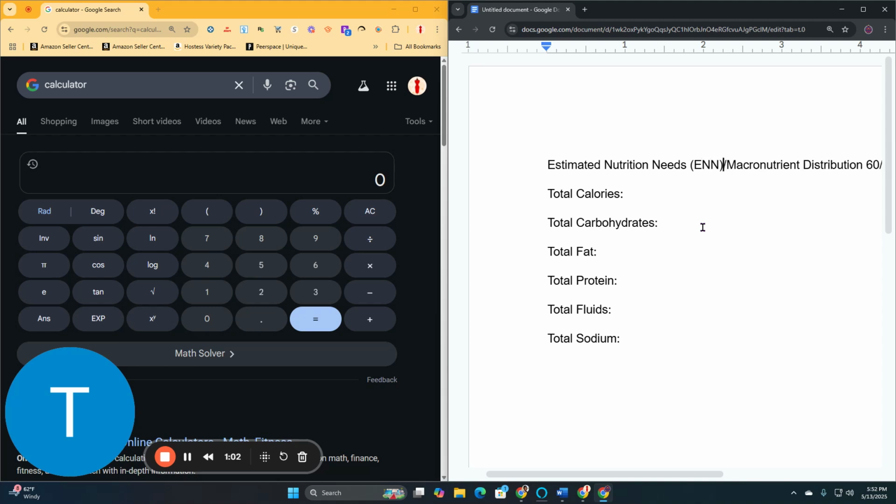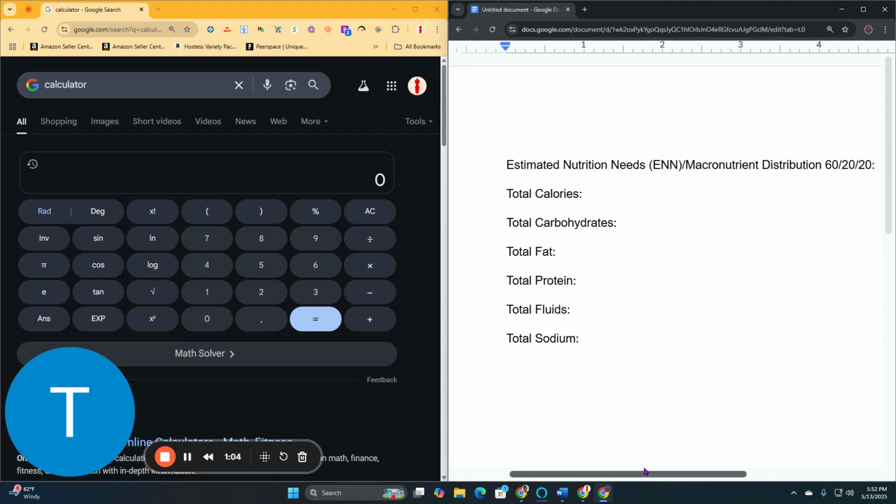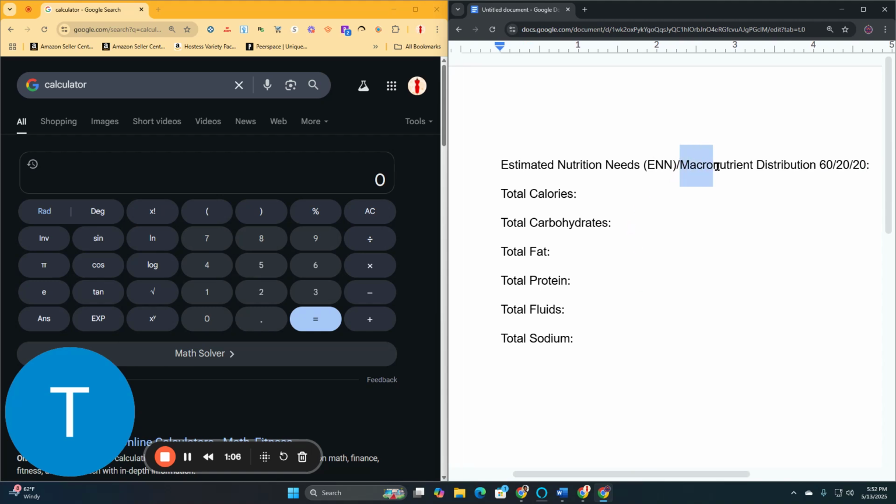And just to explain what a macronutrient is, there are three of them: carbohydrates, fat, and protein. Micronutrients include everything else, such as saturated fat, cholesterol, fiber, vitamins and minerals such as sodium and vitamin D.